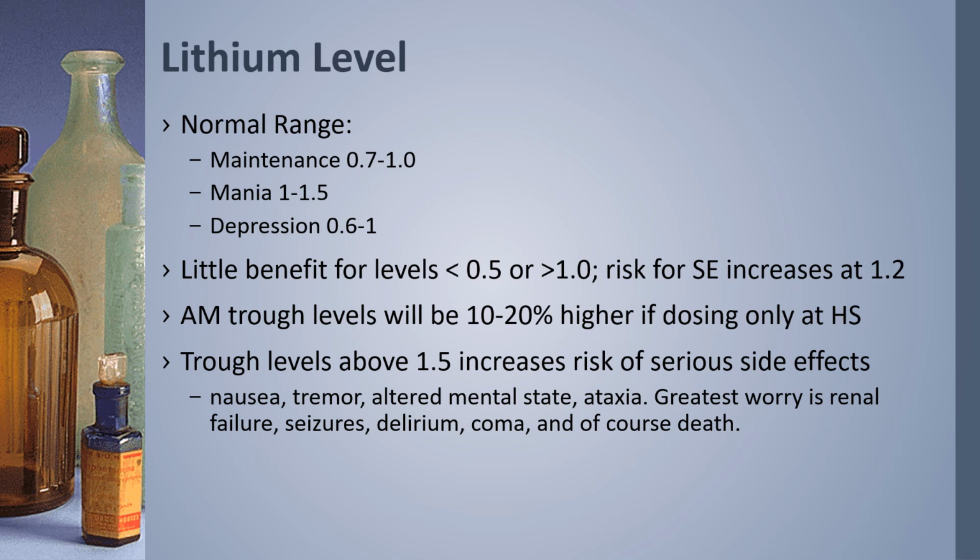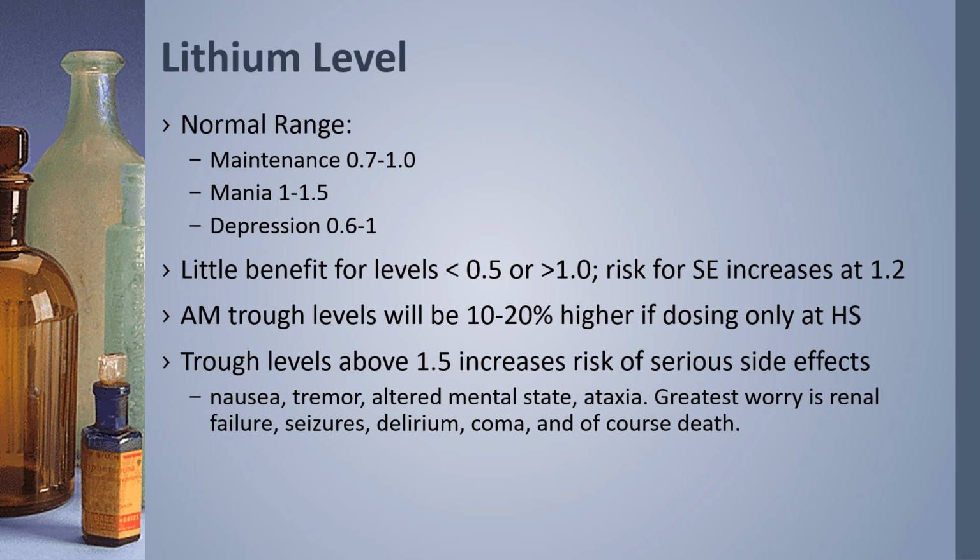If we are treating just for depression, we can maintain at a slightly lower level, with a 0.6 as compared to that maintenance dose, but we can also maintain up to a level of 1. Now, for the most part, we want to keep that level no more than 1, obviously, unless we're dealing with mania.